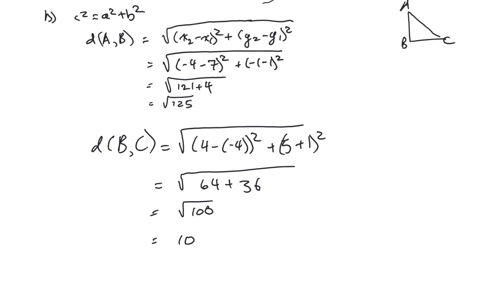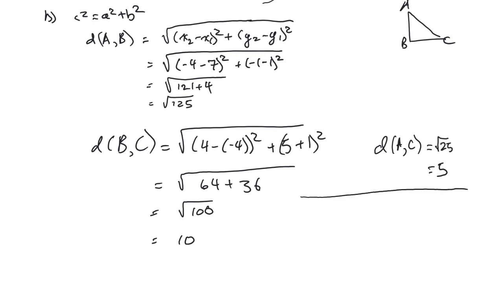You'll do your calculation for AC, and you're going to find that your final answer is the square root of 25, which gives us 5.